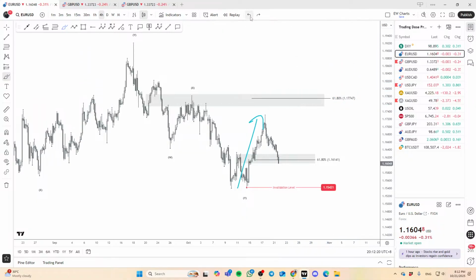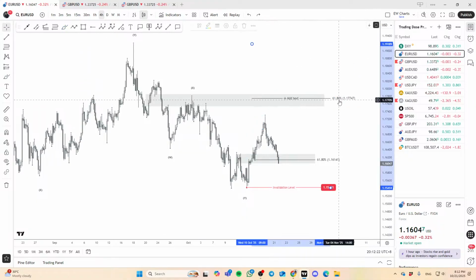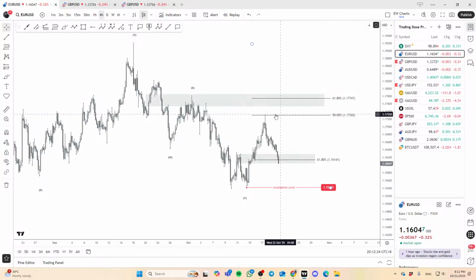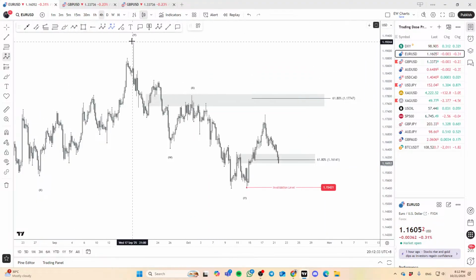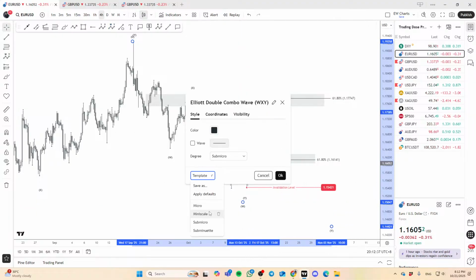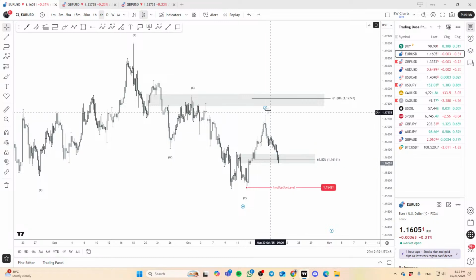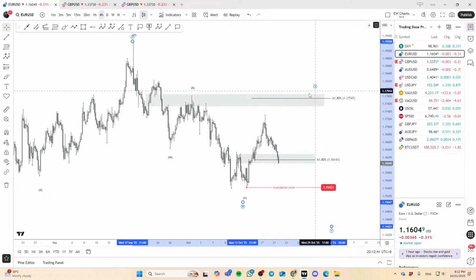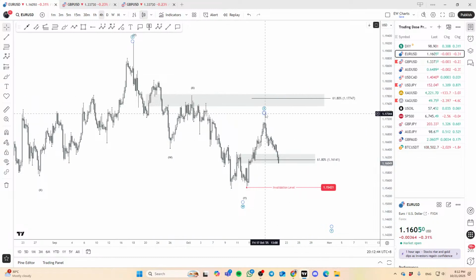It doesn't always need to go to 618. In fact, if I put in the 50%, it did tag it just nice, right? If this comes down very, very strongly, continuing like this in the momentum, then I would put it, from a bigger structure perspective, as your X, right? Because initially we were expecting X to be somewhere there, but this can be the case as well, okay?